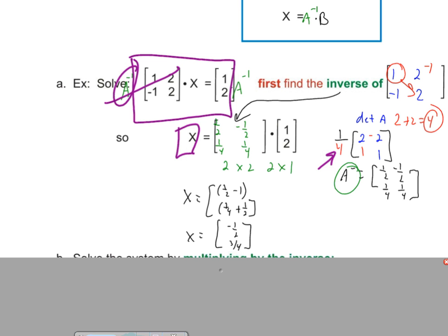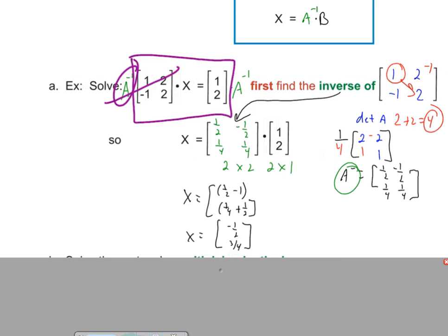And again, you've got to remember, I've got to flip top left and bottom right, flip those. Top right, bottom left, put negatives in front. Figure out that inverse matrix. Now that you have it, multiply the other side by that inverse matrix, and you'll get the solution. I don't think that's extremely horribly tough, but it is complicated, and you need to keep it straight.